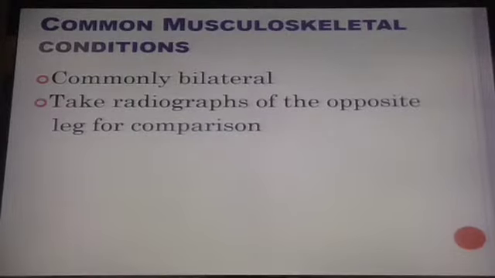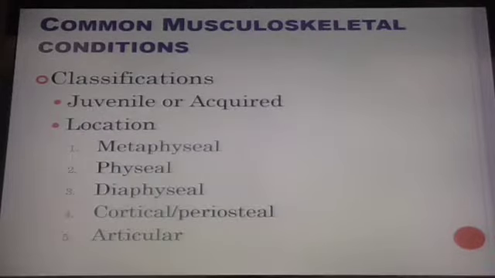That is very key, because most of the congenital conditions are bilateral. So don't diagnose osteochondrosis on one limb, shoulder, and not take radiographs of the other limb, because that condition is typically bilateral. Take the opposite leg for comparison.